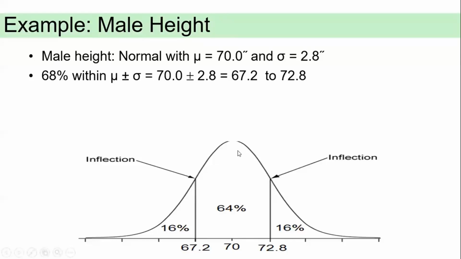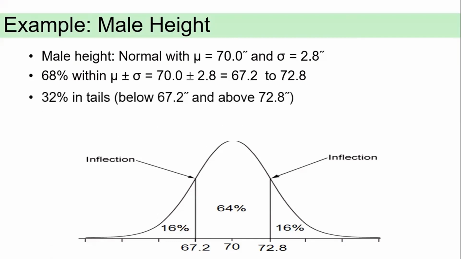68% of them should lie within one standard deviation of the mean. That's why it is expected that 68% of them are within 67.2 and 72.8. So what does this mean then?